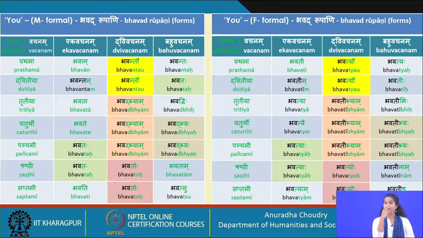Bhavantaha, Bhavataha. Very interestingly, this is the same form as the Panchami and the Shashti Vibhakti of the singular. Then Bhavadbhihi, Bhavadbhyaha, Bhavatam, and Bhavatsu.